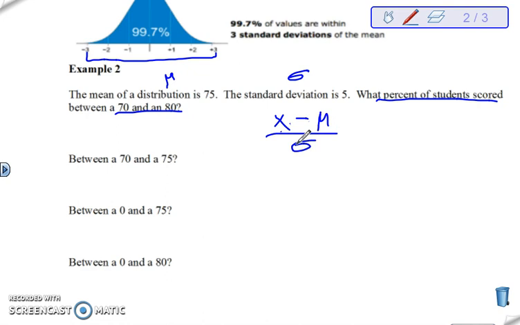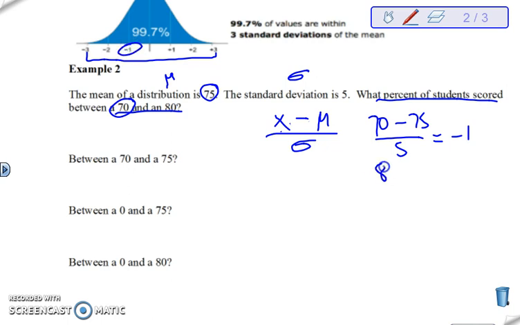In other words, my mean is 75, and I want to know how many people are between 70 and 80. Well, 70 is what we're looking at. 75 is the middle, and my standard deviation is 5, so that's -1. Looking at our bell curve before, right, the -1 is here.